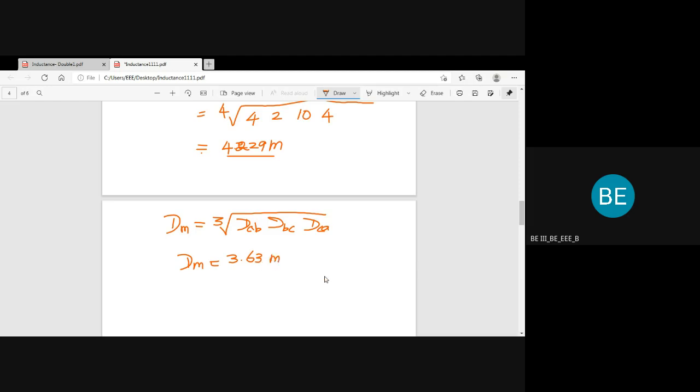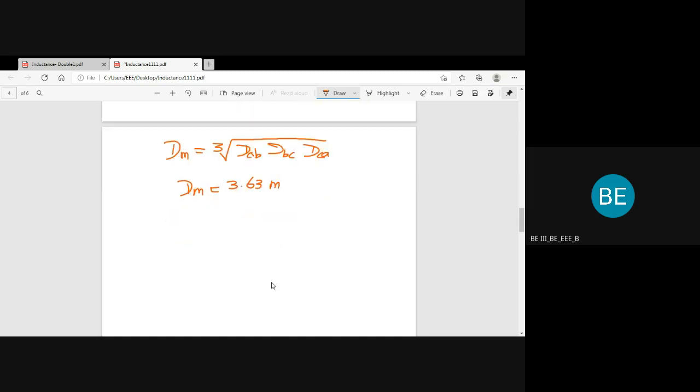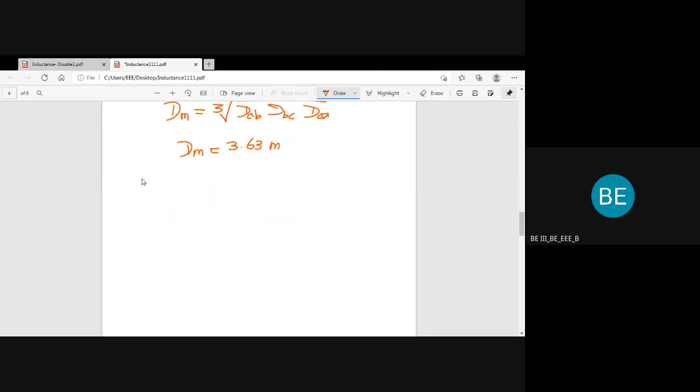So once we have found dm and ds, we can easily find the inductance value L. The formula for finding L is 2 into 10 power minus 7 ln of dm divided by ds. The unit will be Henry per meter.